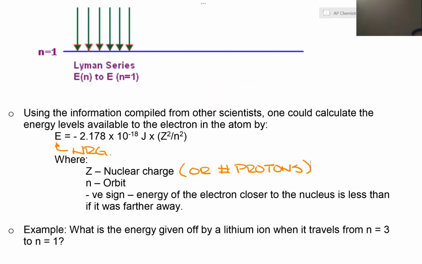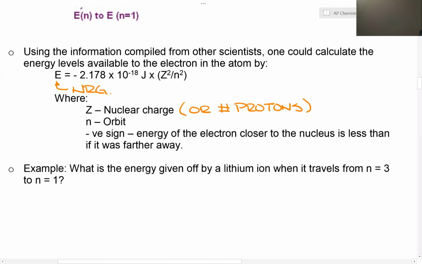In other words, going back to this particular diagram, at energy level number 2, the electron is more stable, has less energy than if it was in energy level number 5.